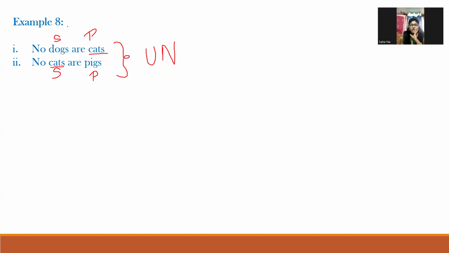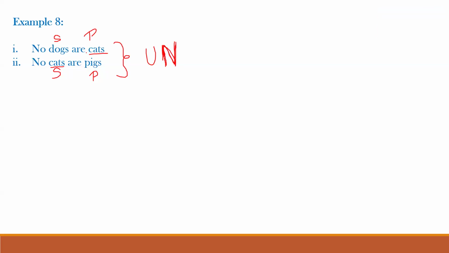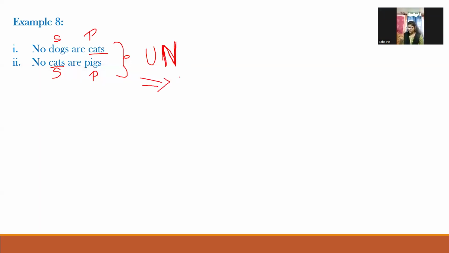Conclusion: dogs will be the subject and pigs will be the predicate. But first, tell me, what kind of statement is it? Universal negative. So in the rules that we discussed, if both statements are negative, no conclusion can be drawn.